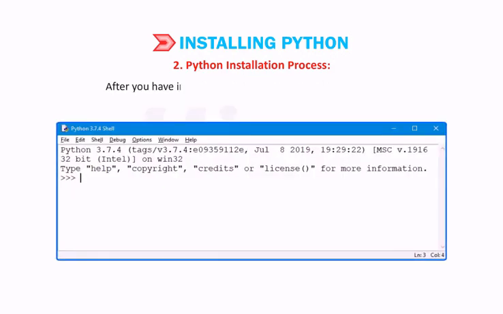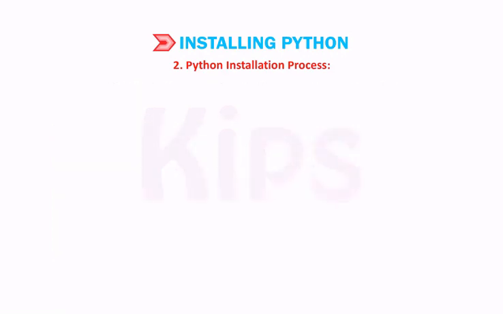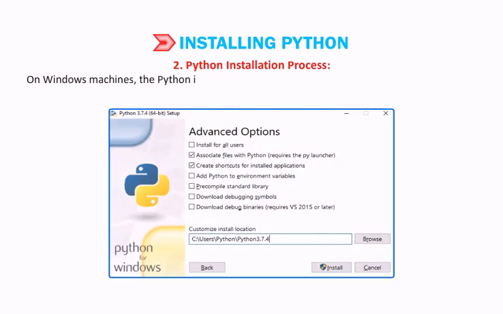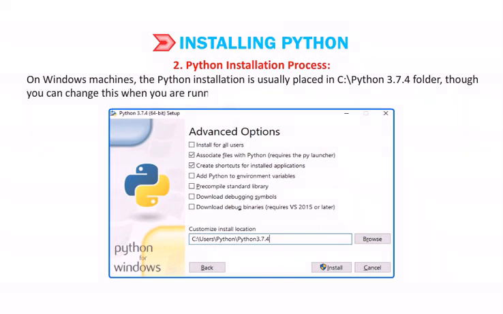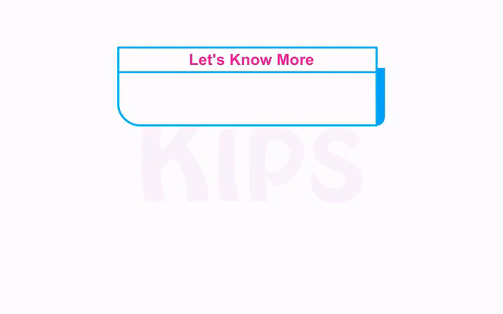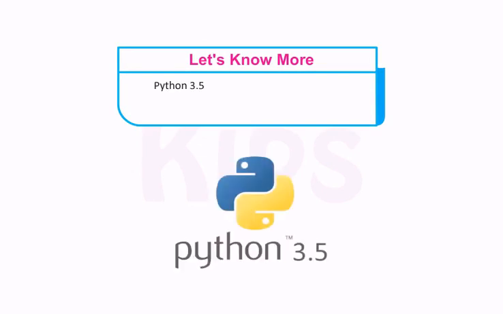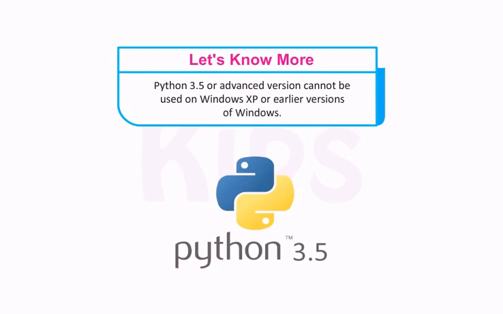After you have installed Python, the IDLE screen looks like this. On Windows machines, the Python installation is usually placed in the C drive, Python 3.7.4 folder, though you can change this when you are running the installer. Students, let's know more. Python 3.5 or advanced version cannot be used on Windows XP or earlier versions of Windows.